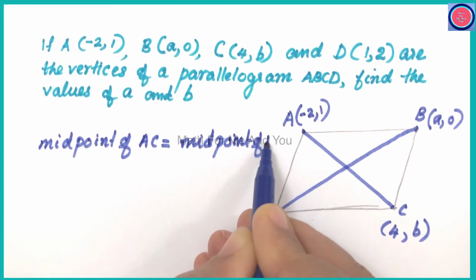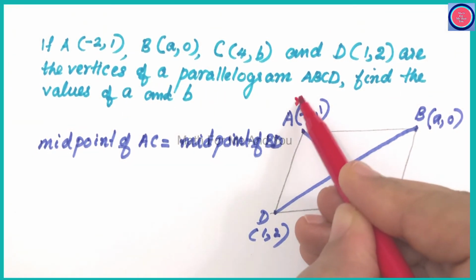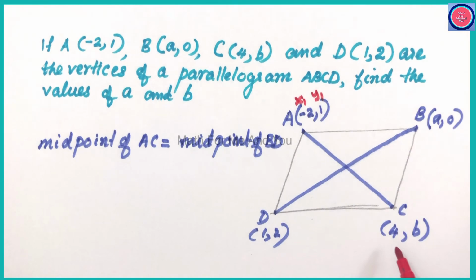To get the midpoint of AC, we can mark A as the point (x1, y1) and C as the point (x2, y2). Then we will use the midpoint formula, (x1 plus x2) over 2, (y1 plus y2) over 2.